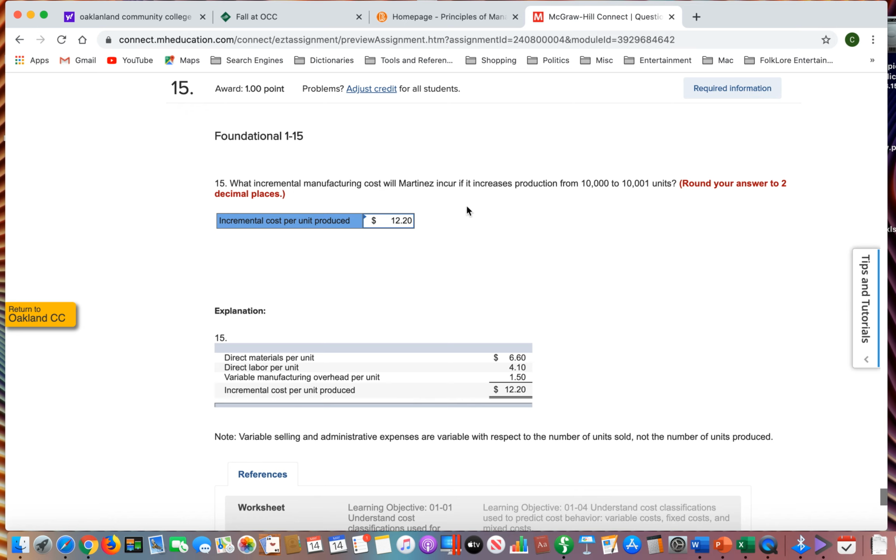See, it says manufacturing cost here. So we'll not include that 50 cents, or the commission even. It only includes the manufacturing variable cost. So we got the direct material, direct labor, and the variable manufacturing overhead, $12.20. So for every additional unit sold or produced, it goes up by that amount, $12.20.